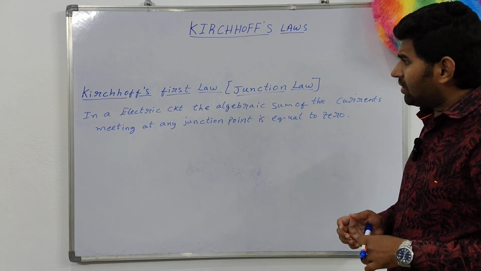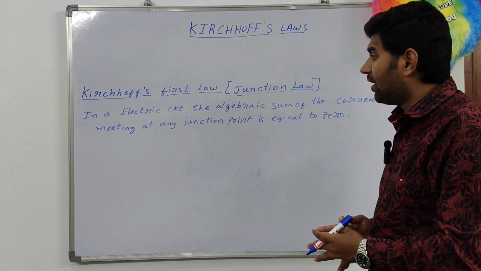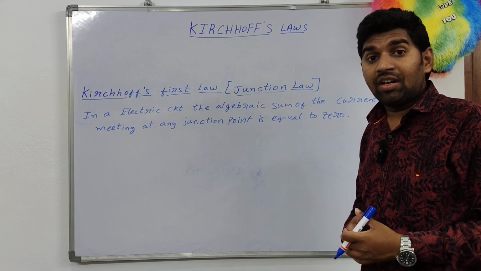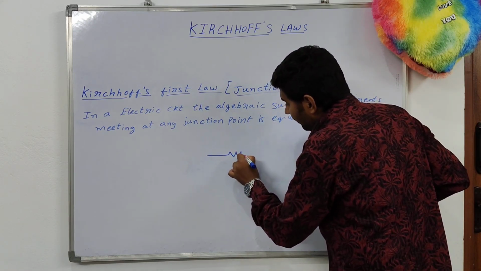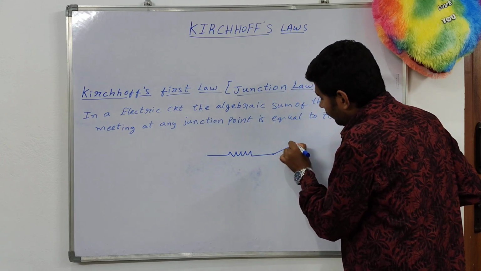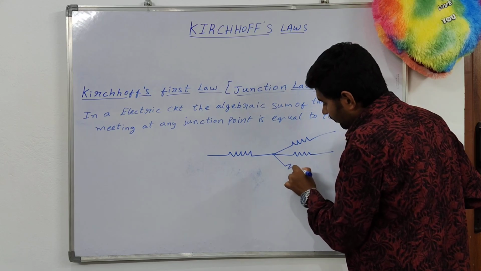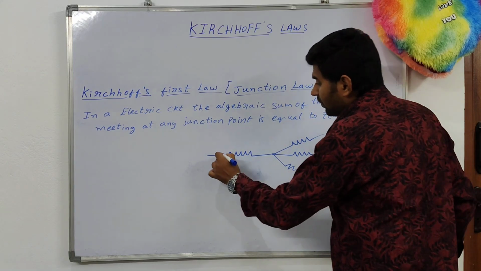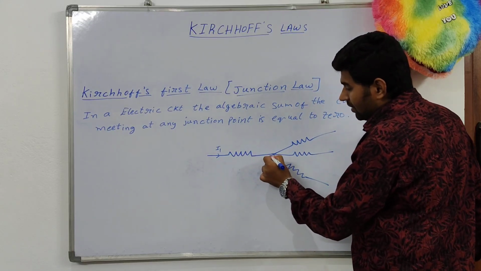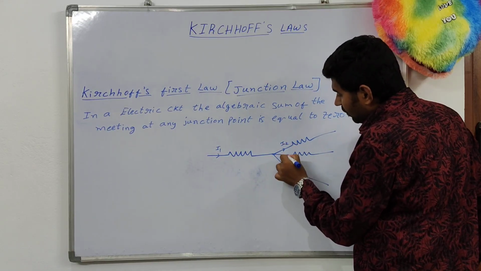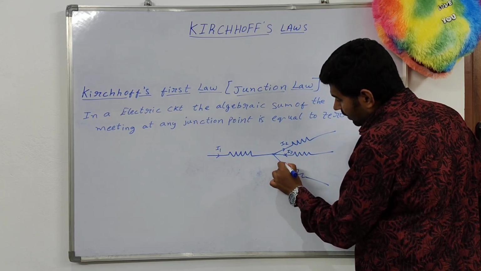Now, what is this law? How to elaborate this one? How to identify the junction point? How to identify whether the sum of the currents is equal or not? For that, I will take one part of an electric circuit. Let us assume here the current I1 passing through this resistor, here the current I2, here the current I3 and current I4.